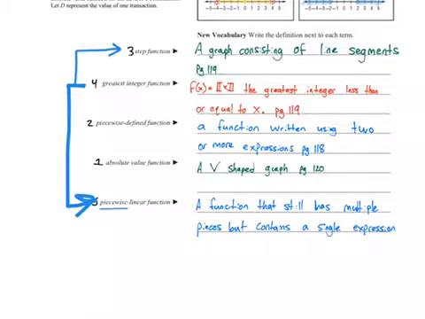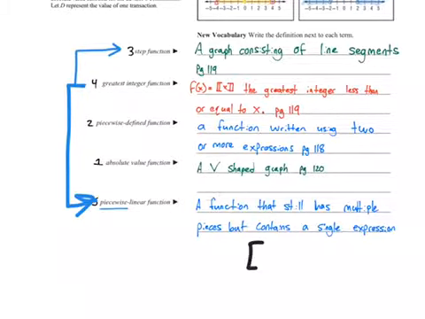So that piecewise linear function is basically just a little caveat definition to fill the gap between someone saying, hey, the greatest integer function is in multiple pieces. Why does it look like a piecewise function? Well, they drew up another definition that says a piecewise linear function is a graph that still has multiple pieces, but it all came from one expression.